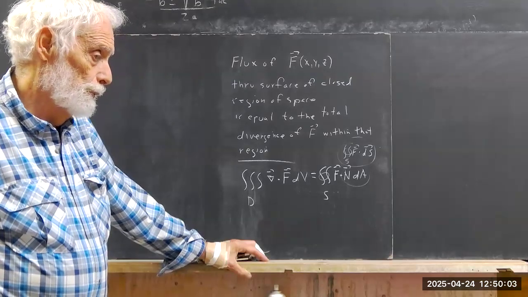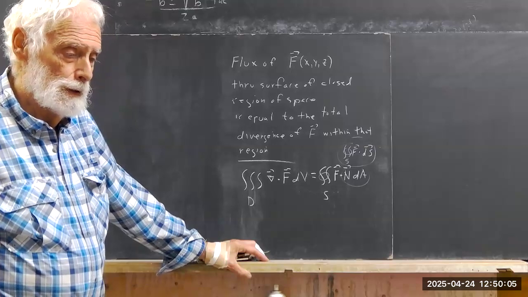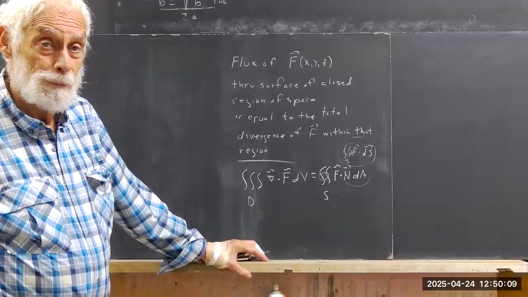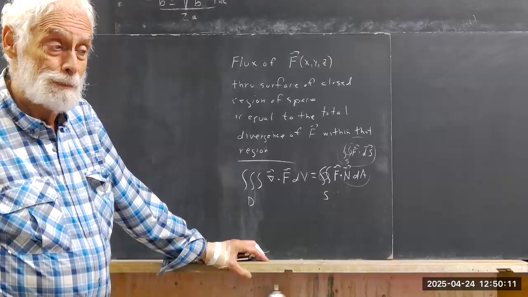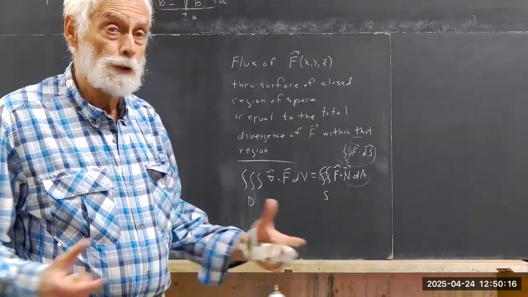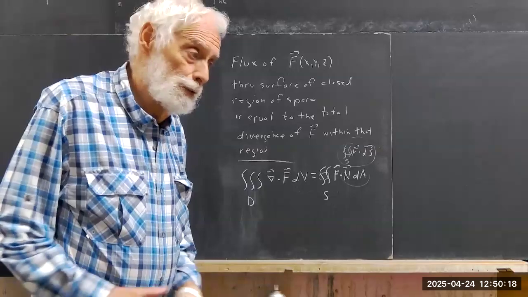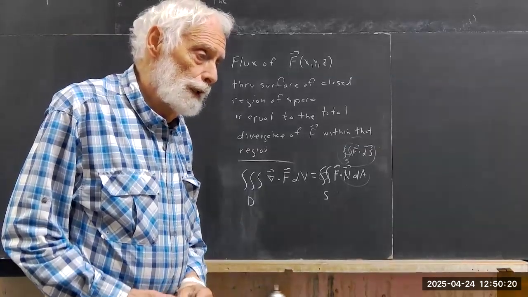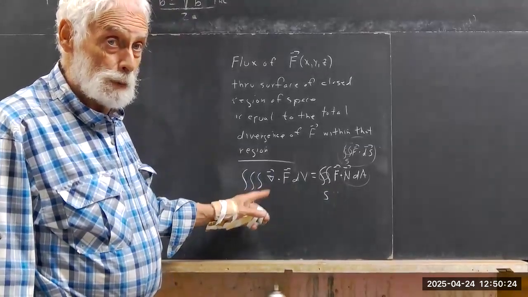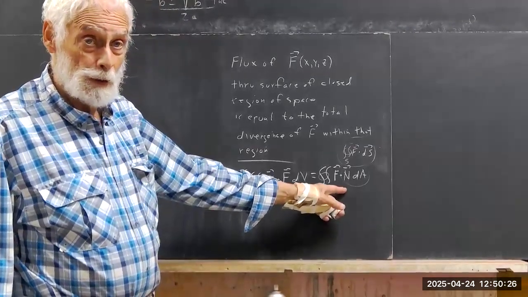pretty sure it's this section where I gave you at least half the assignments as verify the theorem, meaning do both of these integrals and show that they're equal. That's the convincing thing. Then I tried to have at least one problem where we had to do this in order to get this, and one where we had to do this in order to get this.